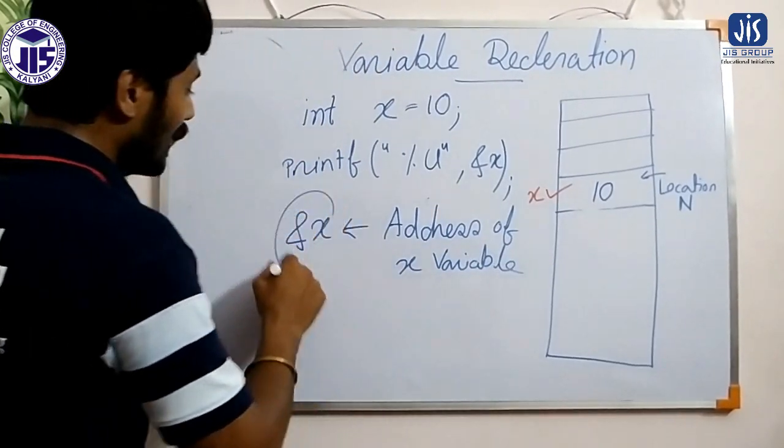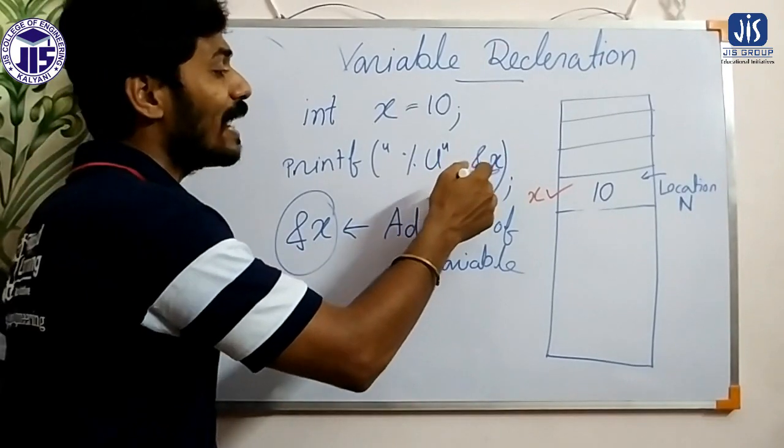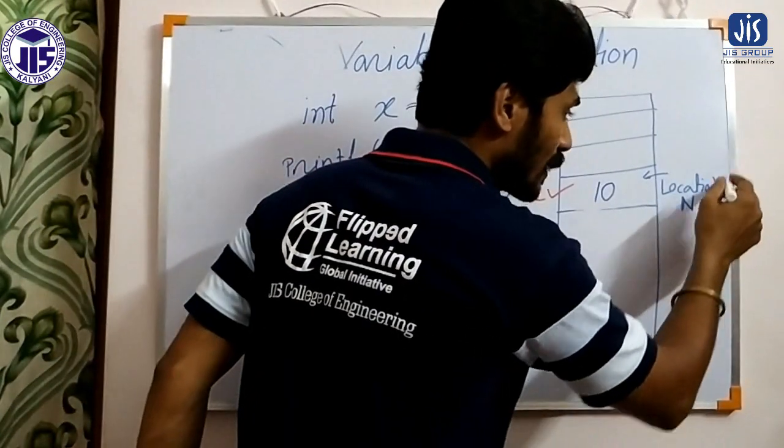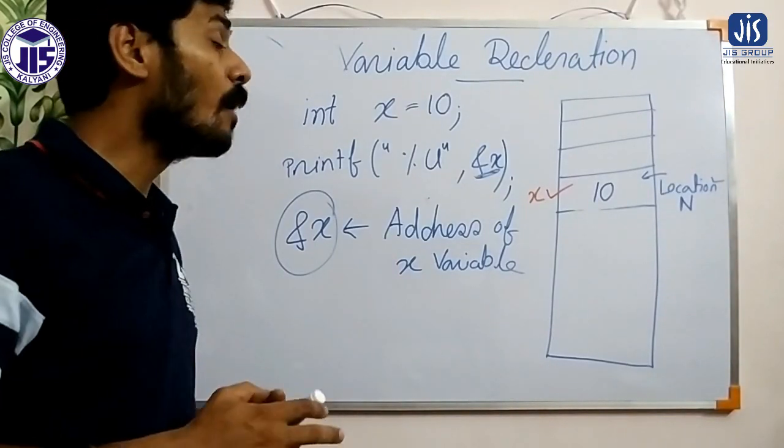So &x is basically representing the address of the x variable. Now if you print this value &x, you will get the location which the compiler has assigned for this particular variable.